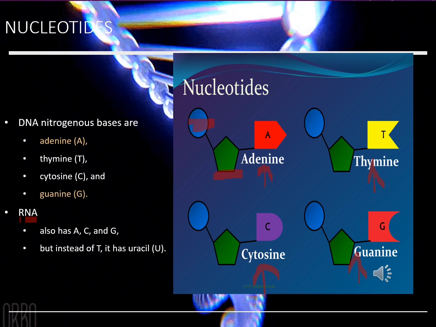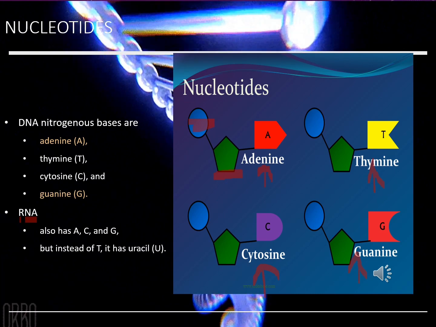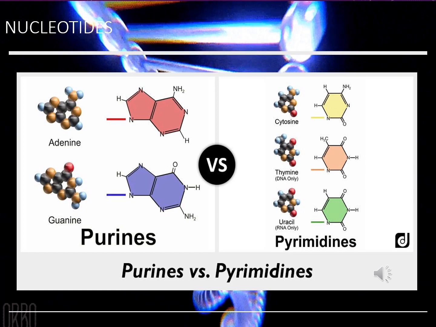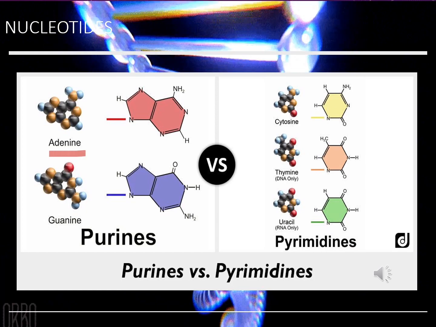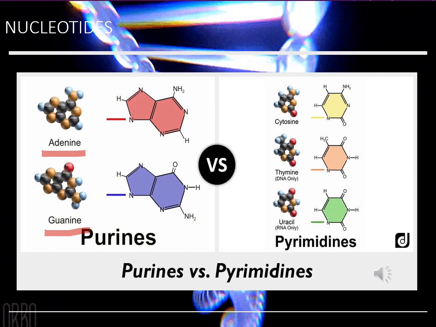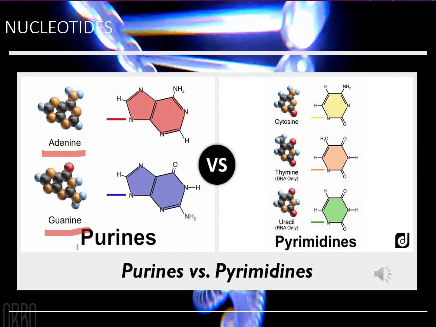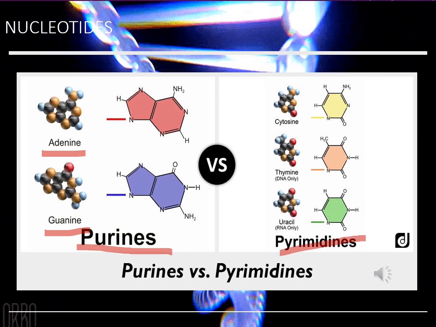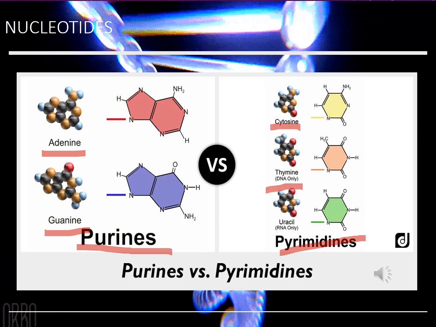And actually, the DNA is made of 2 strands, not 1 strand. The adenine and guanine are one group. It's purines. And the pyrimidines are the cytosine, thymine, and the uracil.